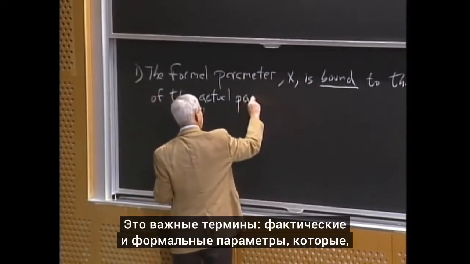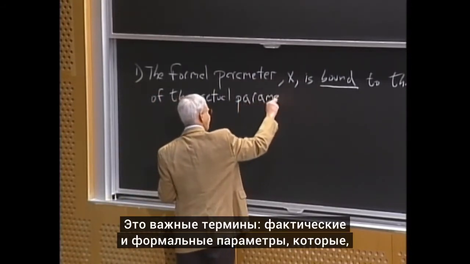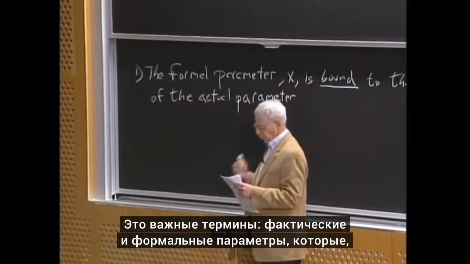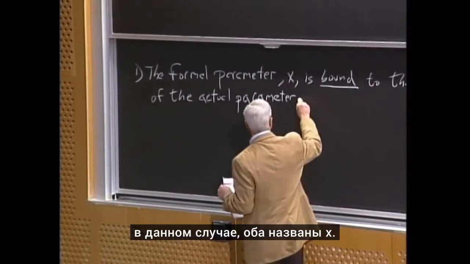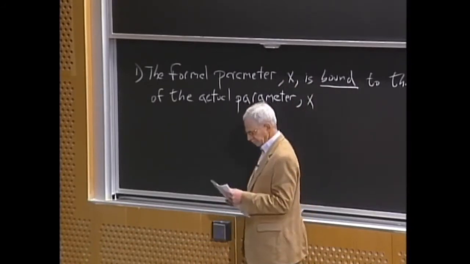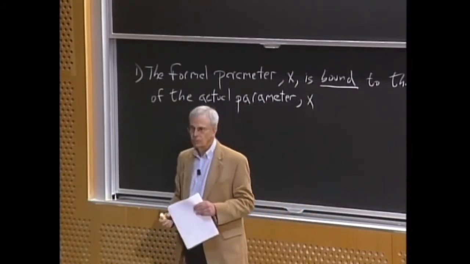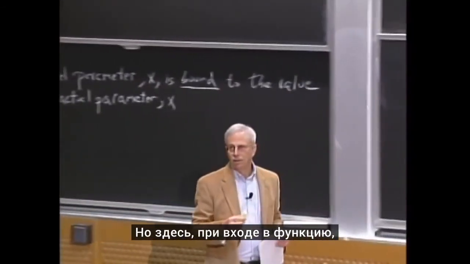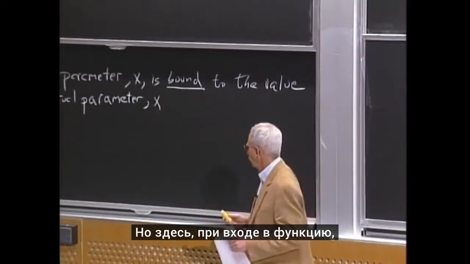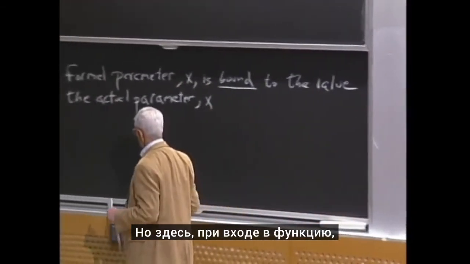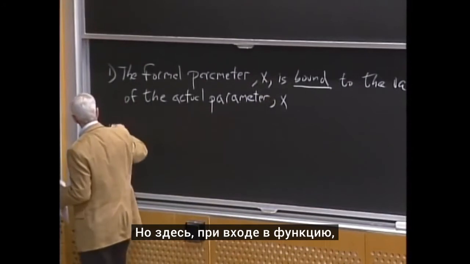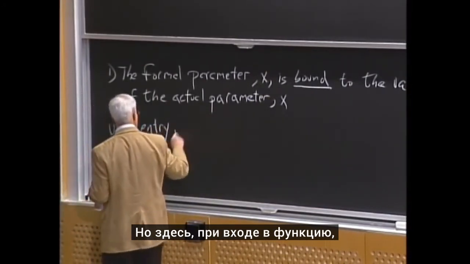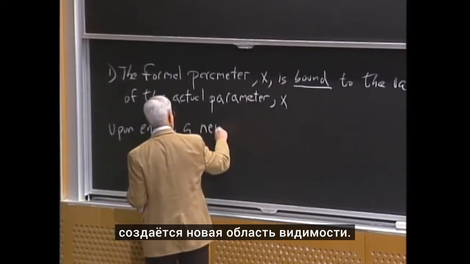So these are important terms, actual and formal, which in this case also happens to be called x. But what's happening here is when you enter a function, upon entry of the function, a new scope is created.